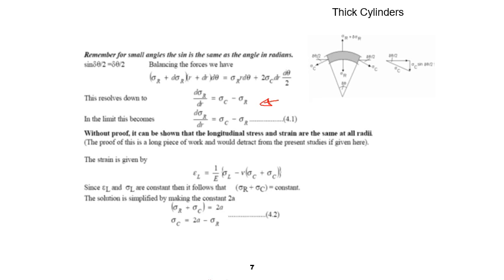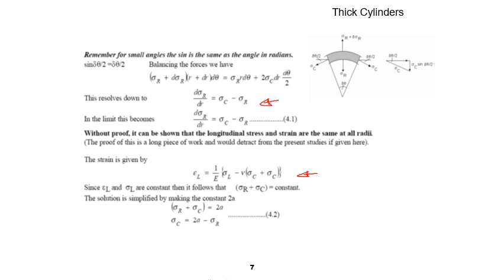Now, it can be shown that the longitudinal stress and strain are the same at all radii, right? But if you want to find the details, you can go online and find the information. Okay, the longitudinal strain is given by the Hooke's law equation from previous.